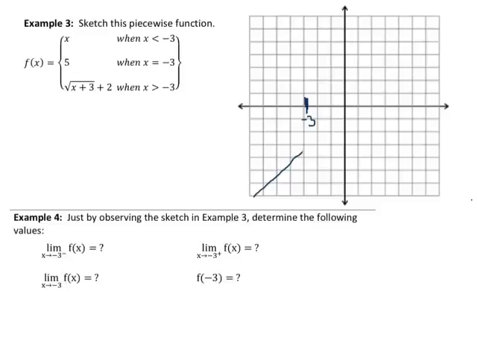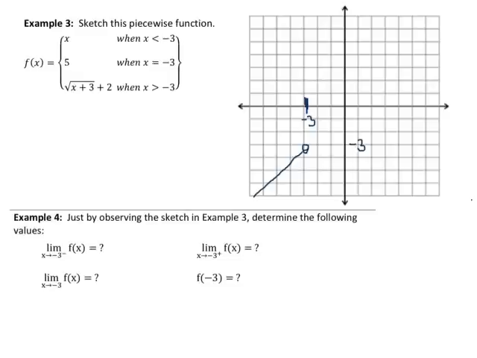And we'd have an open dot there, and that of course is at the value -3. So we'd have an open dot, since in this case y equals x, but it's open since x is less than -3. It's not inclusive at that point.